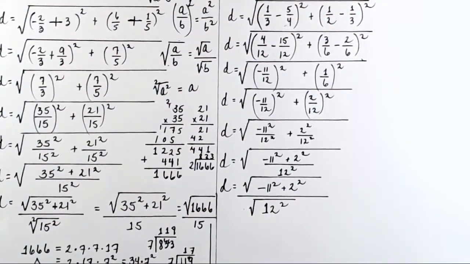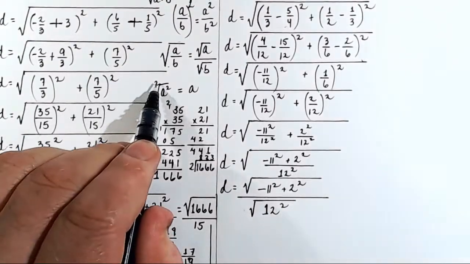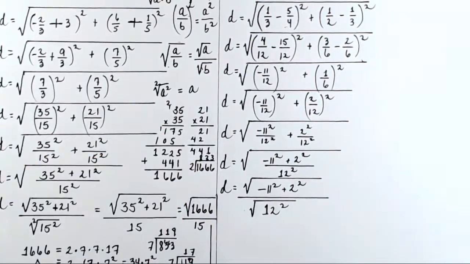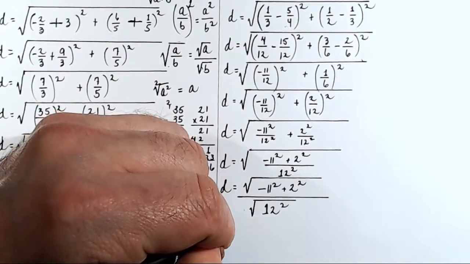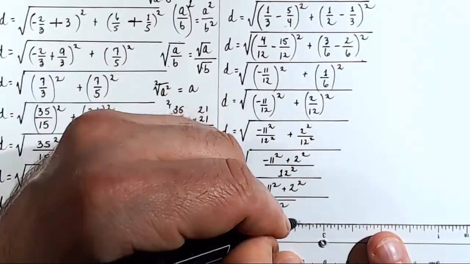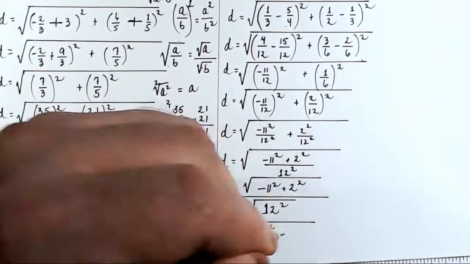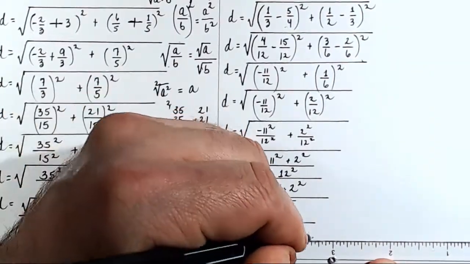Okay? And now I've got to remember another rule, which is that the square root of a number squared is just that number. So here in the denominator, the square root of 12 squared is just 12. All right, so we will rewrite this. D equals the square root of negative 11 squared plus 2 squared over 12.